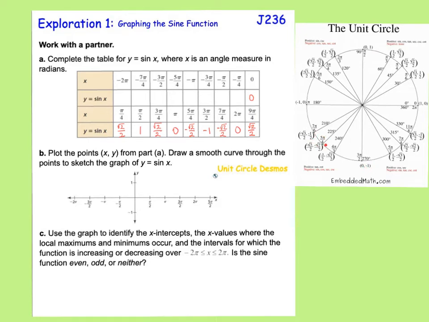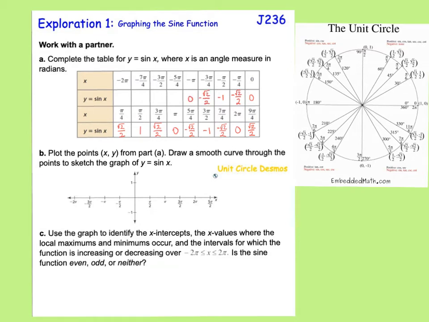Then negative 3 pi over 4 is negative root 2 over 2. And then negative pi is going to be 0. So let's fill those into our table of values. So here we have negative root 2 over 2. Then we have negative 1, negative root 2 over 2, and 0.